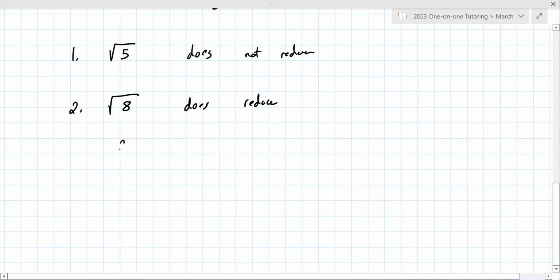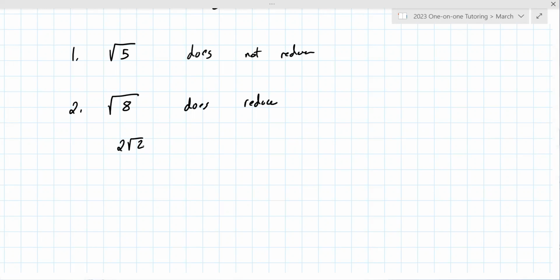This becomes 2 square root 2, and the point is you may have to do a little bit of work to get it to reduce in the problems that we're doing. So you don't really know when that's going to be the case. You can't look at a problem and say, I know it's going to be a square root that reduces or doesn't reduce. You just have to do it.